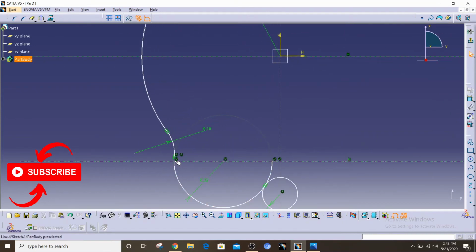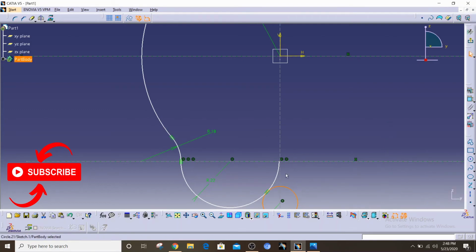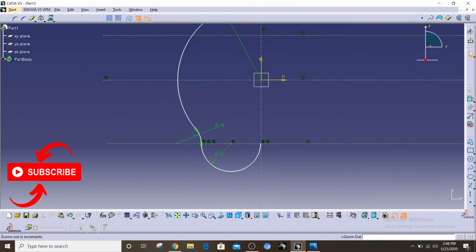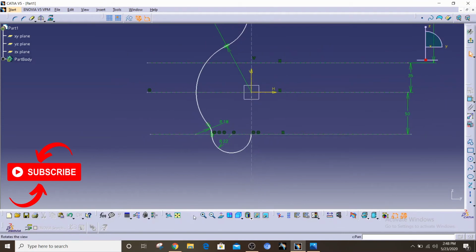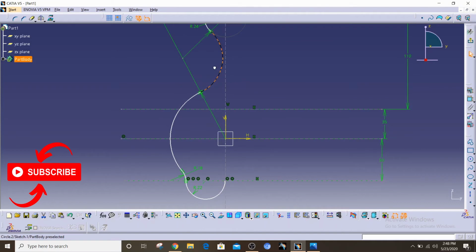I'm just gonna make them coincident. Okay, so what else is left? I think we got the basic profile ready, but it's still not fully constrained, or is it?